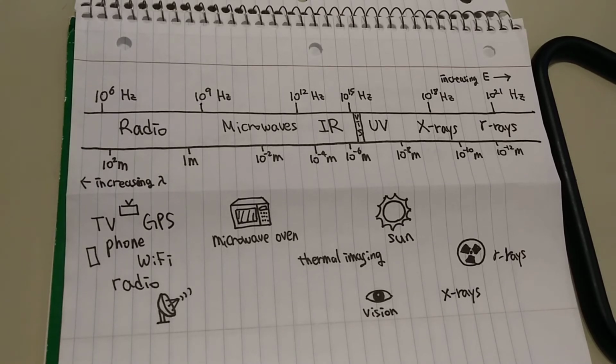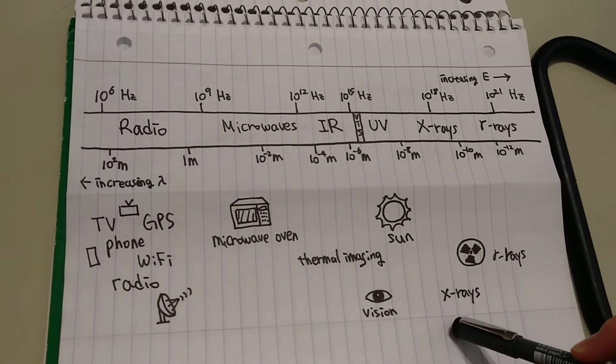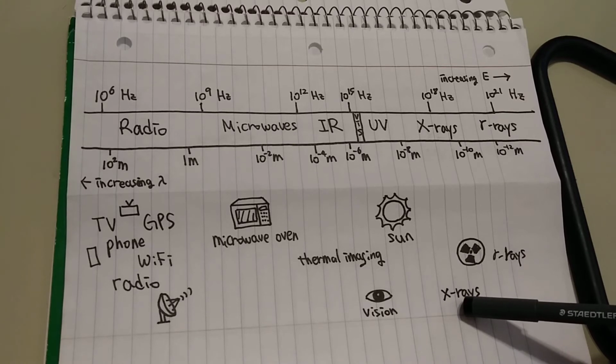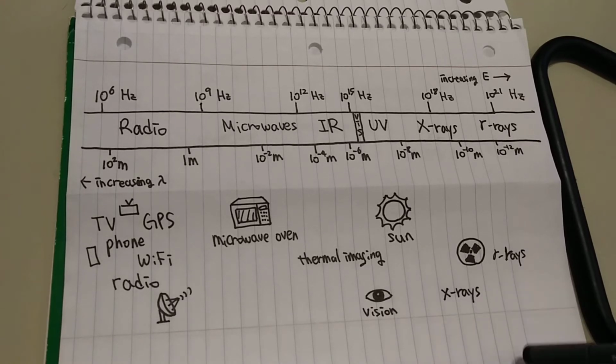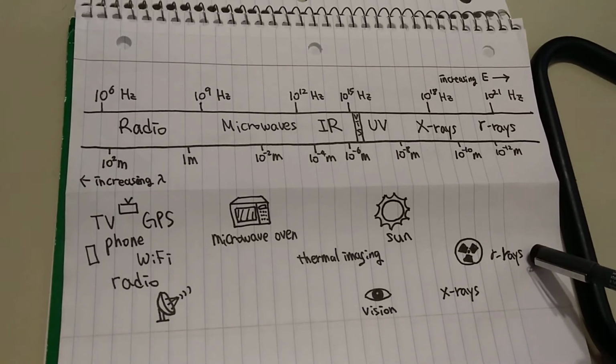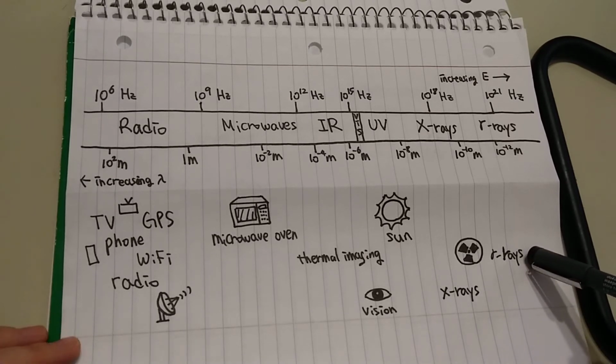But we do need to get sunlight since it produces vitamin D in our body. And X-ray is used to image the inside of our body. In a hospital, we take X-ray images to check whether our bone is broken or not. And last, gamma ray is used in healthcare to treat cancer cells by damaging them.